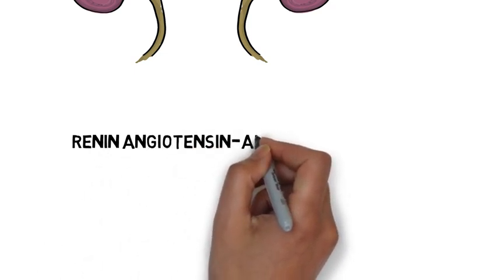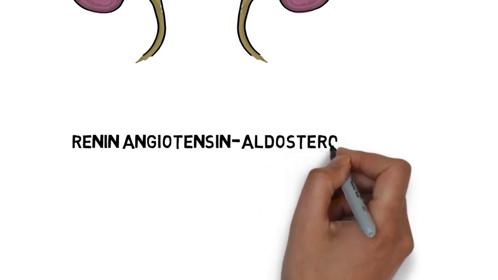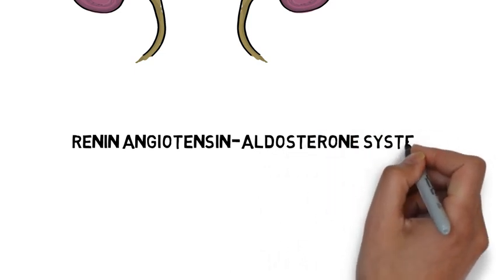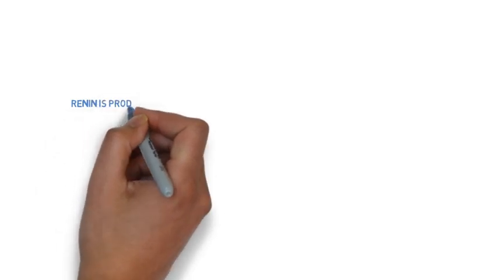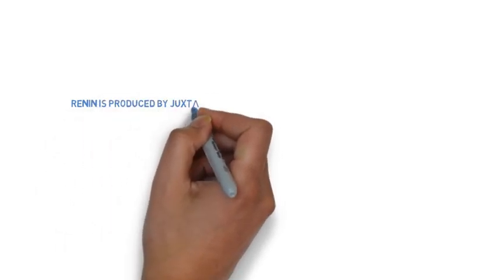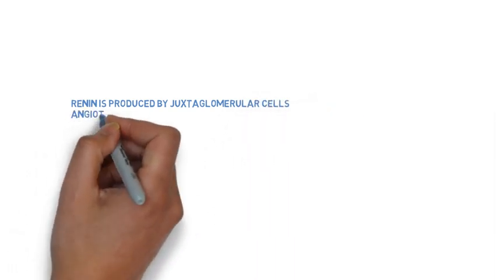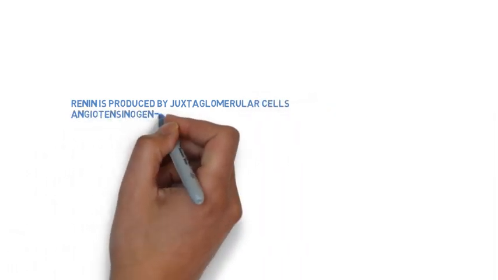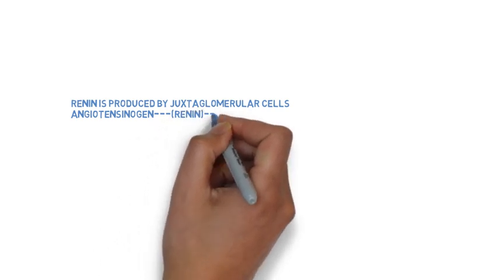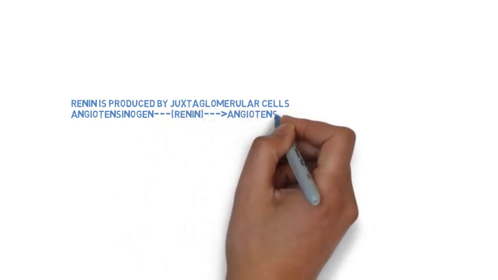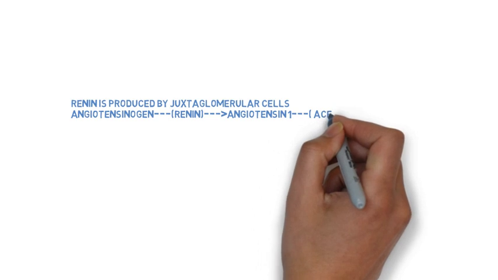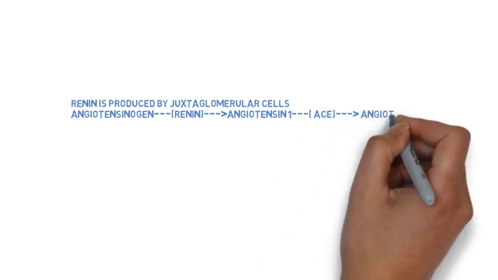The second system of interest is the renin-angiotensin system. Renin is produced by the juxtaglomerular cells. It converts angiotensinogen to angiotensin 1. ACE converts angiotensin 1 to angiotensin 2.